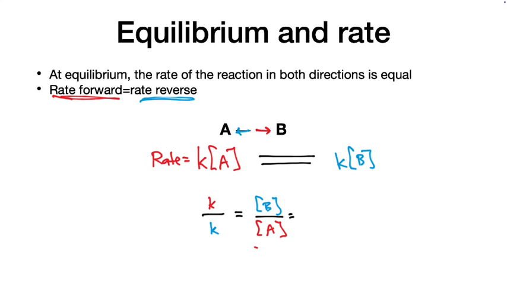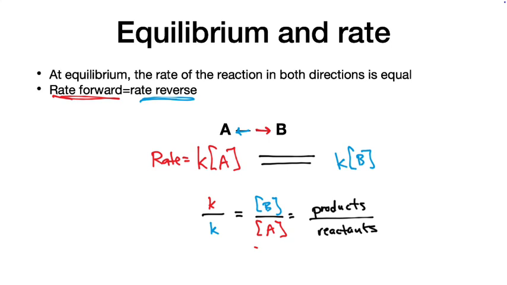Right side of our arrows. B is on the right side of our arrows. What was A? What does k over k equal? This becomes dangerous. Is it 1?